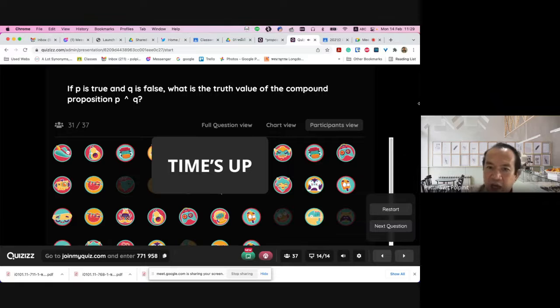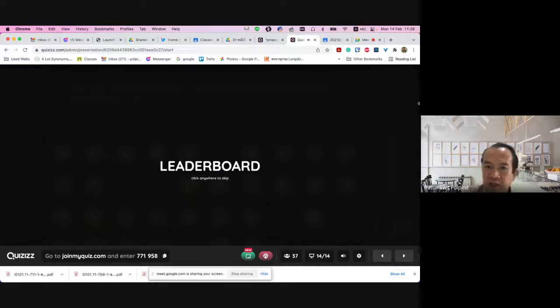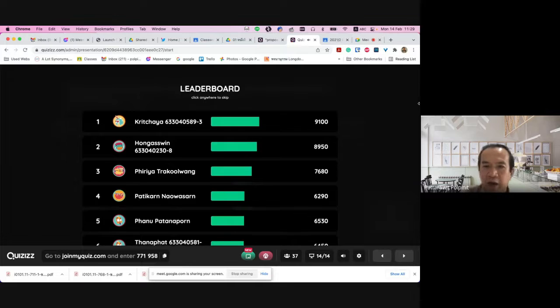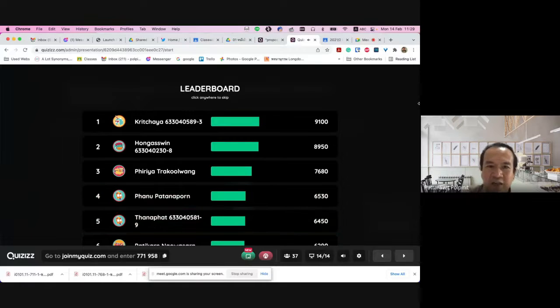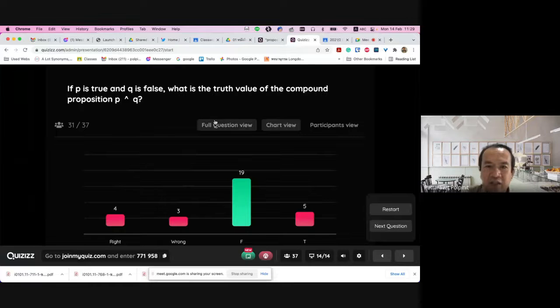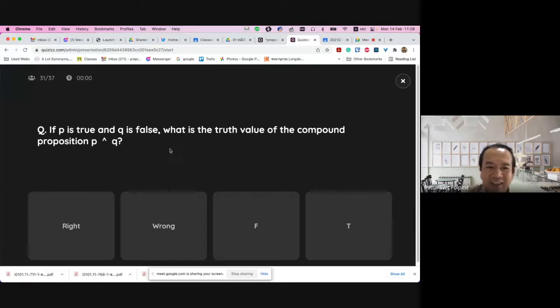Okay, time is up. Let's see the final leaderboard. Okay, no change in the leader. Let's see the question. This one is saying that if P is true, Q is false. What's the truth value of the compound proposition P and Q, right?